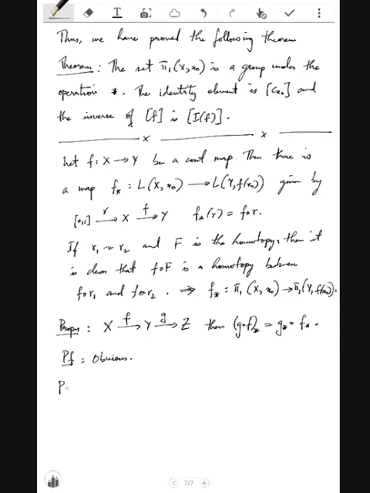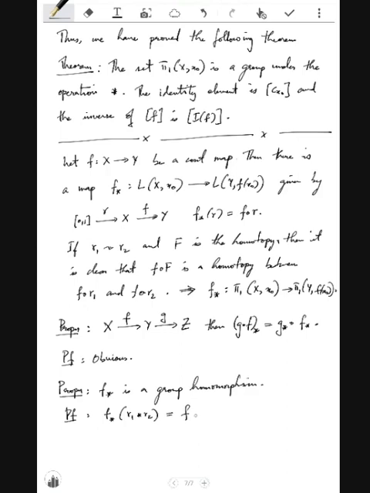But the main point is f lower star is a group homomorphism. So the proof of this is also very easy. f lower star of gamma 1 star gamma 2. Okay, so the stars mean different things, so one has to be careful.